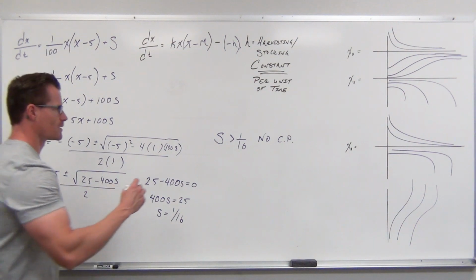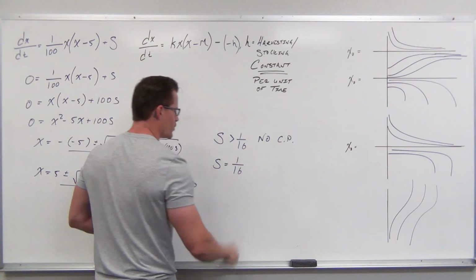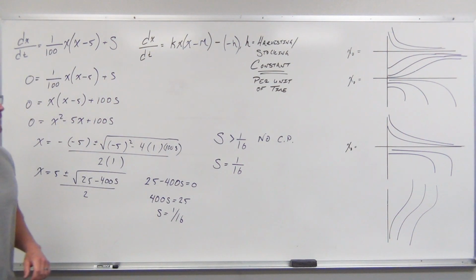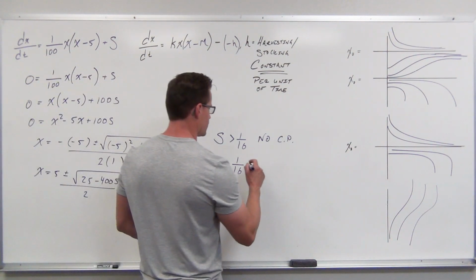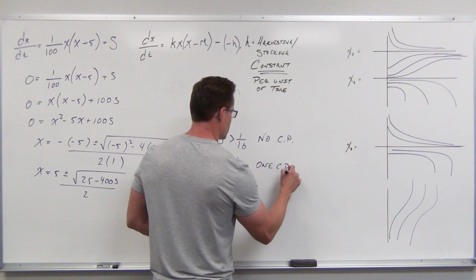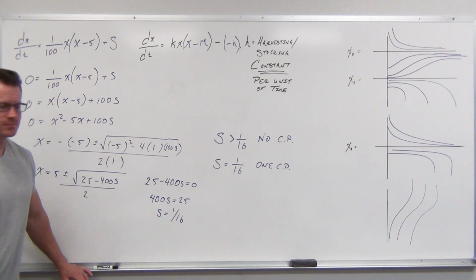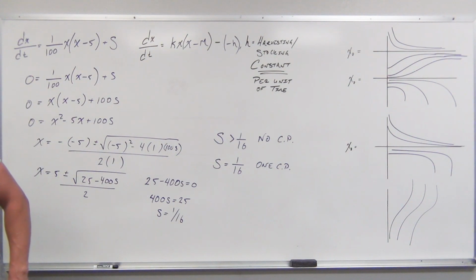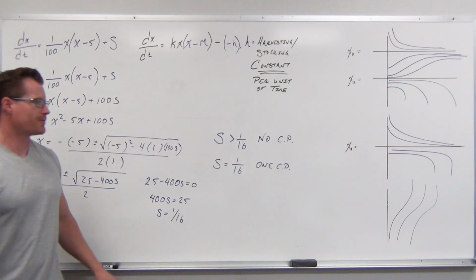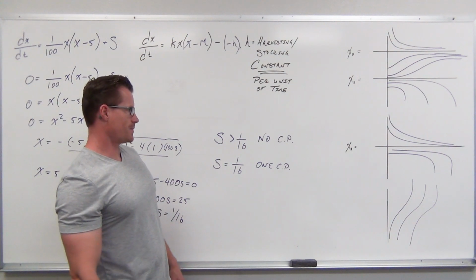What if we stock exactly equal to the bifurcation point? Then we have one critical point. And that critical point would be 5/2. Well, if we have 5/2, let's see what's going to happen.